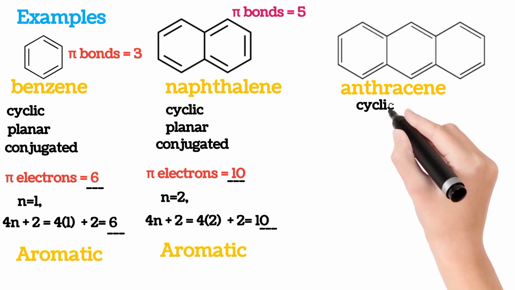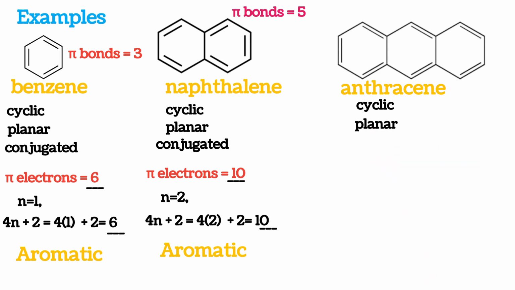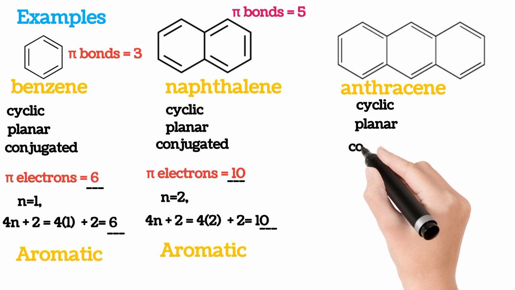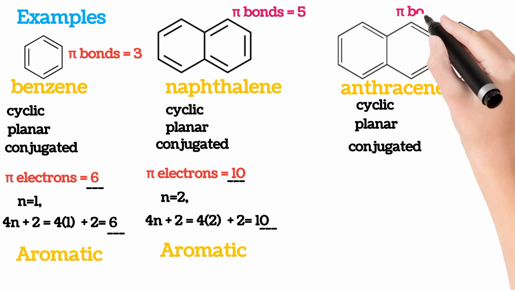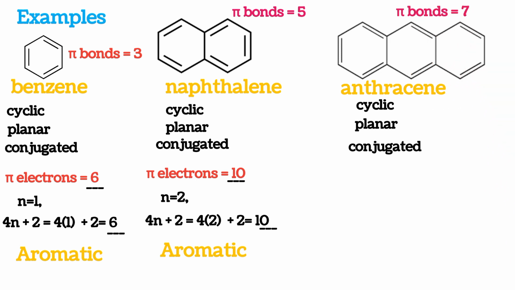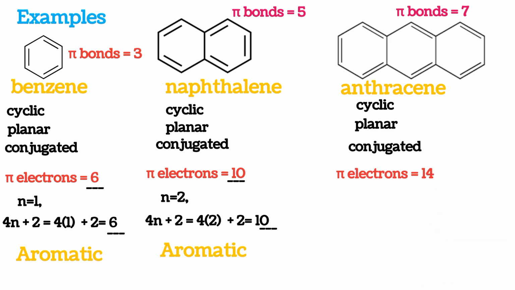Anthracene is cyclic. It is planar. The bonds are conjugated. And the total number of pi bonds here is equal to 7. Remember, a pi bond is equal to 2 electrons, so 7 pi bonds will be equal to 14 pi electrons.